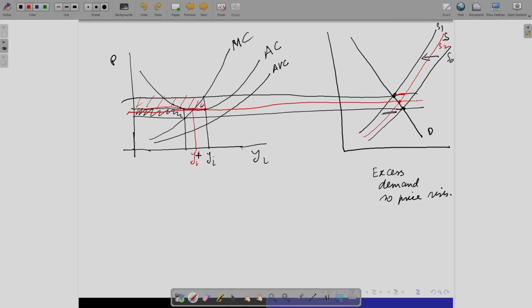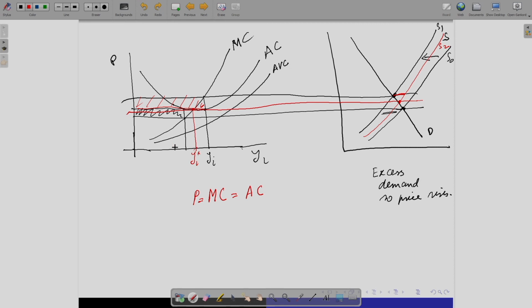And at this level of output, what happens? Price is equal to marginal cost, and marginal cost is equal to average cost at this price, and we get this as the optimal.